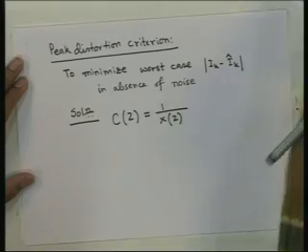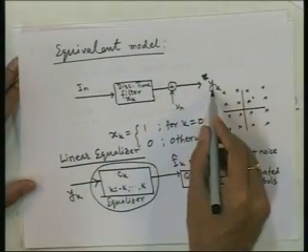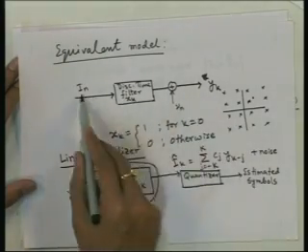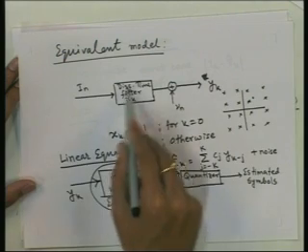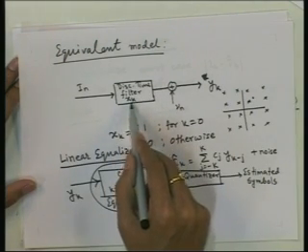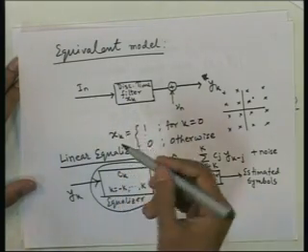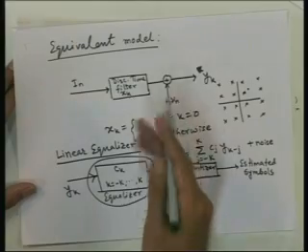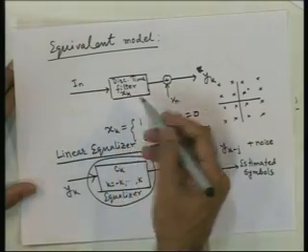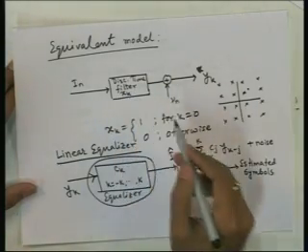We have seen that this y k depends on I n in a way which is equivalent to passing I n through a discrete time filter x k, and this impulse response x k has a Z transform, from which you can get the frequency response of the filter.